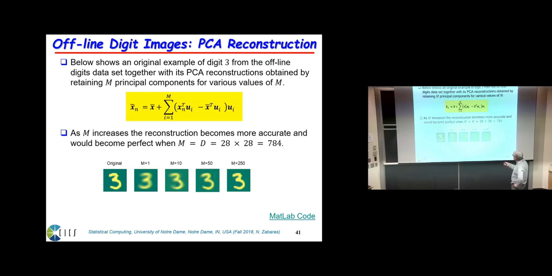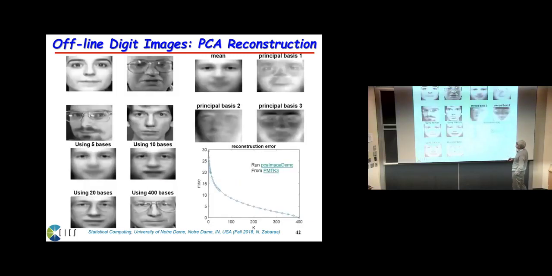If you project it in 10 dimensions, you can see it's turning a little bit. If you project it in 250, you get something much closer. But depending on what you are interested in, everybody can see that this is 3, and that's nice in one dimension, okay? So it works.